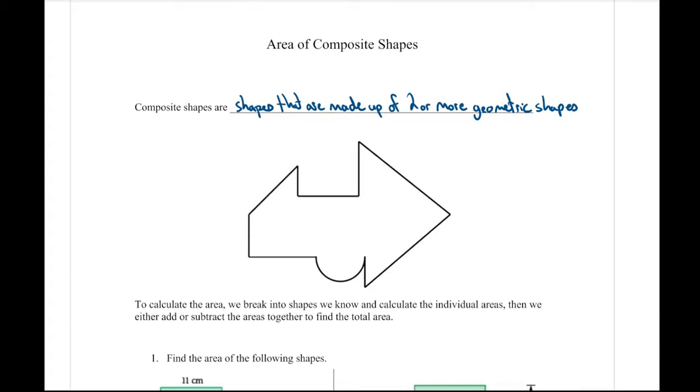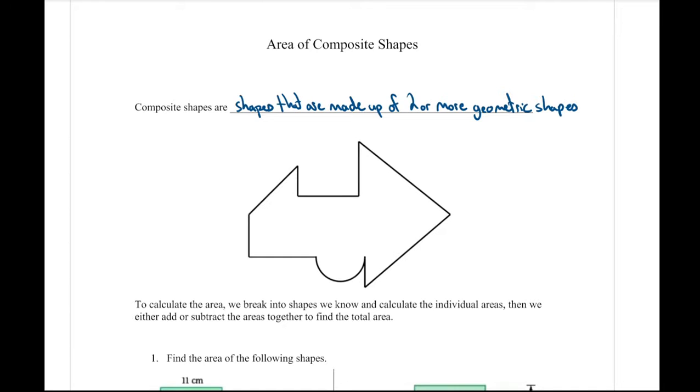So basically any combination or grouping of two or more geometric shapes into one larger shape. So again, we have our image here. That's an example of a composite shape. We saw in the last part how we could divide it up into those simple 2D shapes that we know.